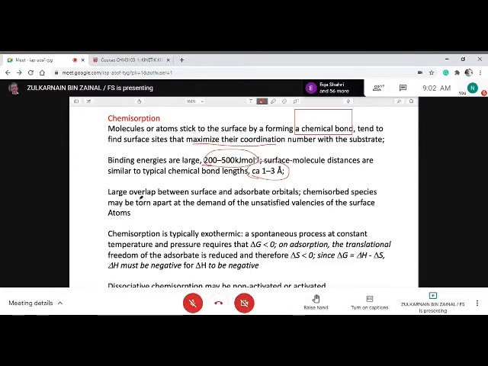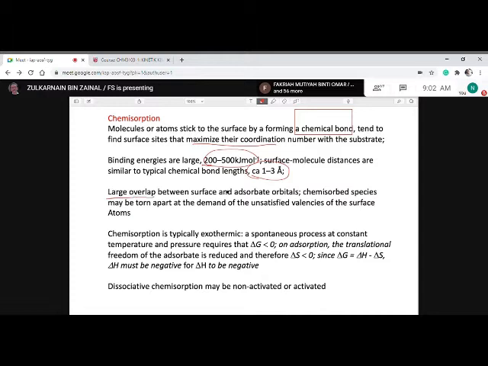And it involves large overlap between the surface of the substrate and also the adsorbate. So if it involves the orbital overlapping, the orbital overlapping is much larger compared to the one for physical adsorption.